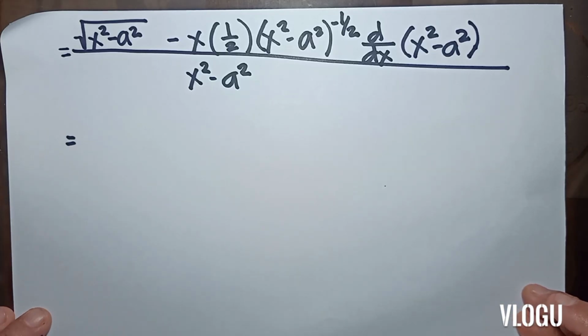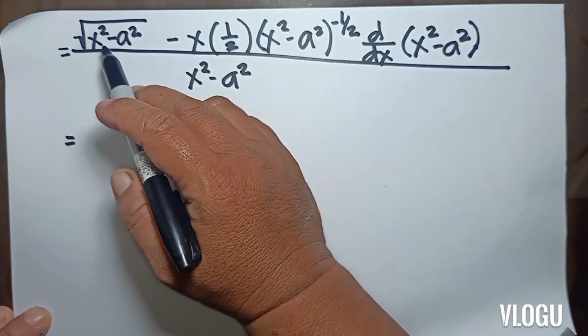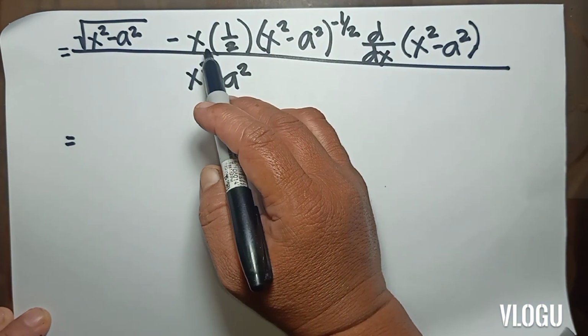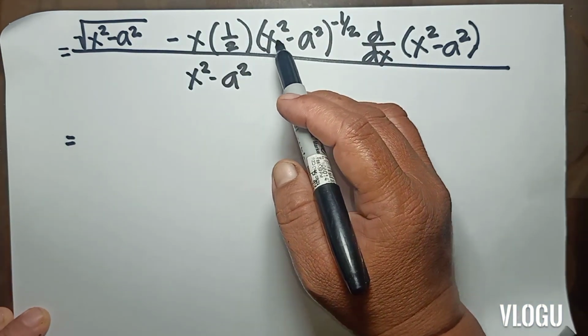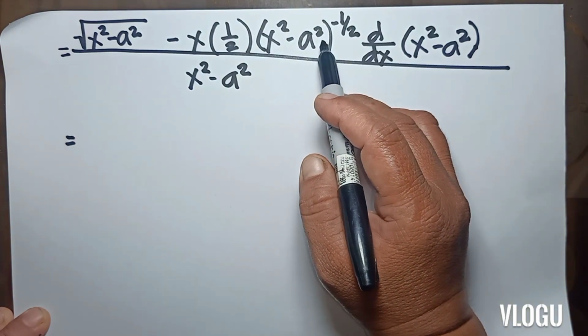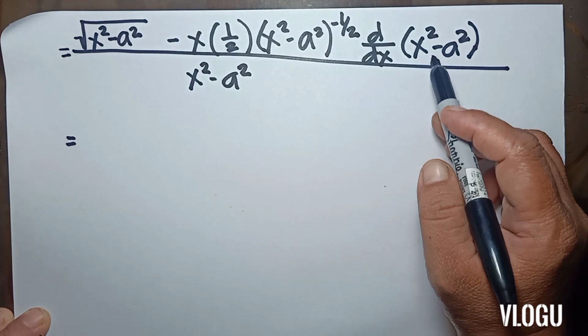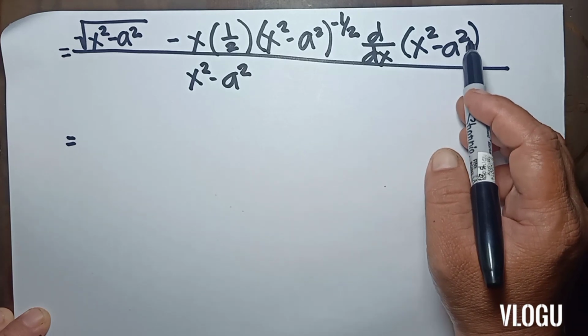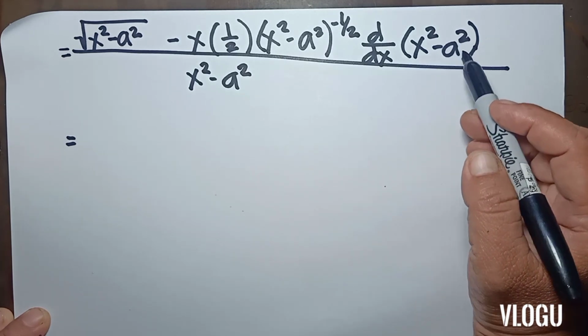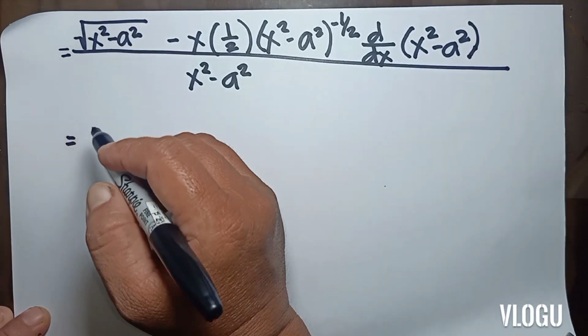Okay, we now have a form of the square root of x squared minus a squared minus x times 1/2 times x squared minus a squared raised to negative 1/2, d/dx of x squared minus a squared. So here we will continue.